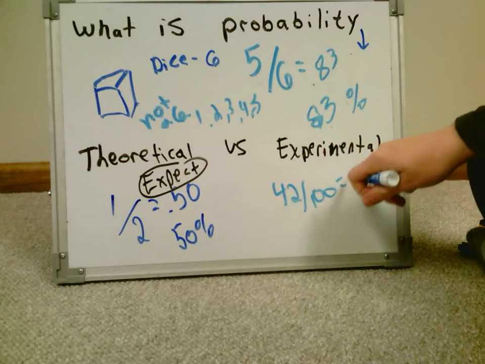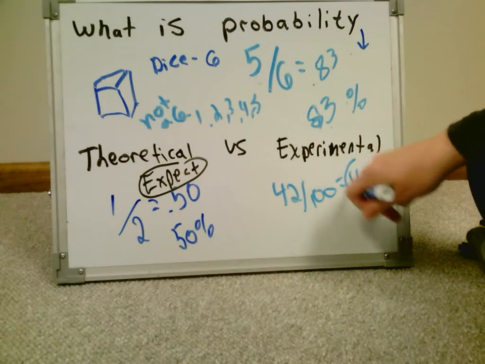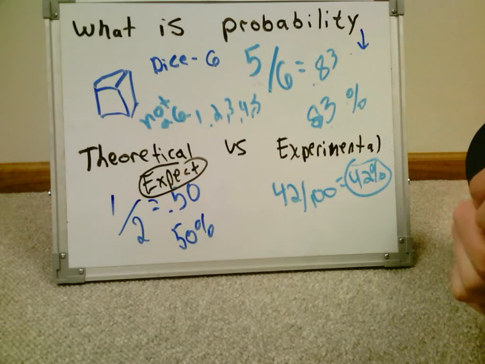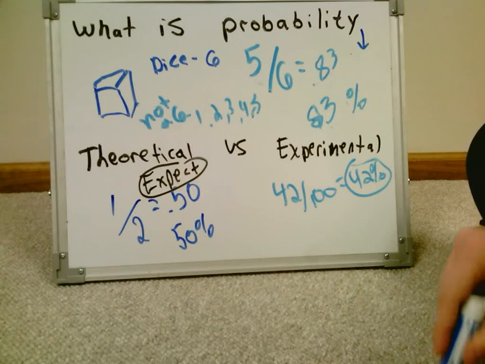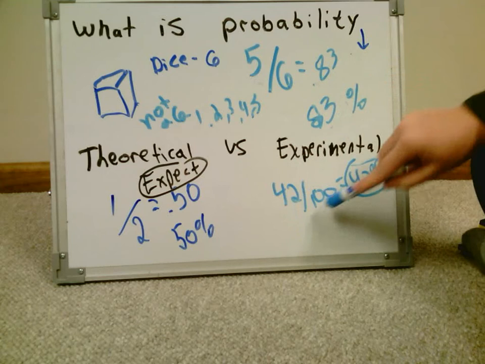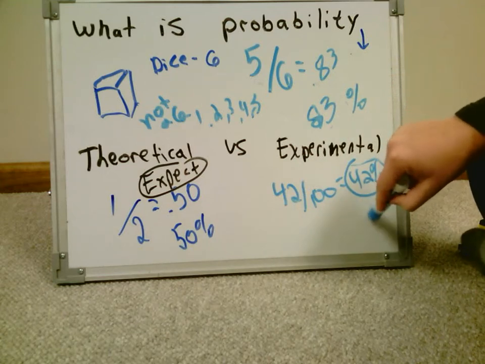And you calculate that and you say, well, wait a second, that's only 42%. Usually your experimental and theoretical probabilities will not be the same, okay? Actually, the bigger your sample size is, the closer your numbers will get. So I only flipped a coin 100 times, and that's what gave me the 42%.